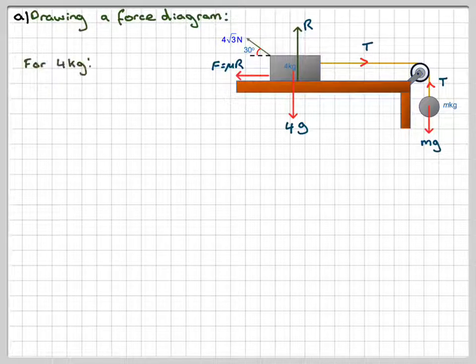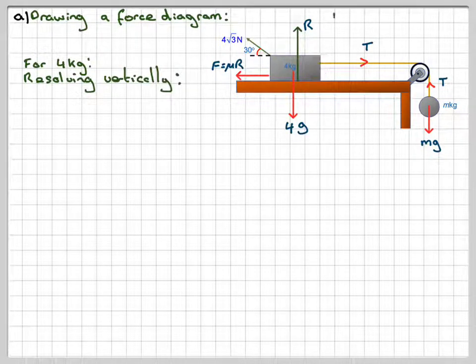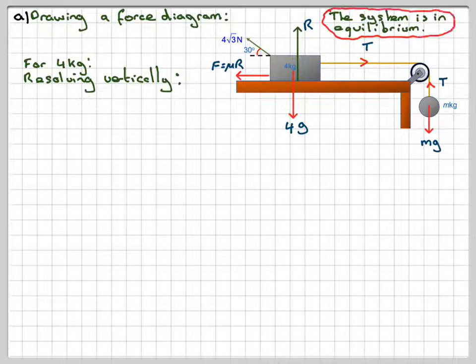For the 4 kilogram block, resolving vertically, the system's in equilibrium, which is quite important, so we have R plus, and you've got to be careful here, because this part here is also acting upwards, a force of 4√3 sin 30, using your trigonometry.